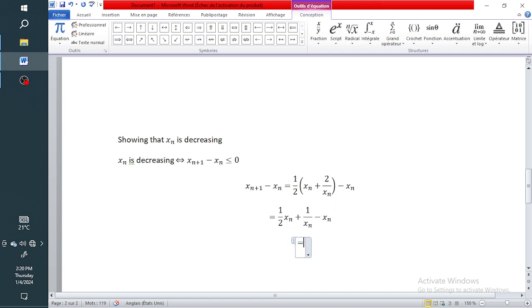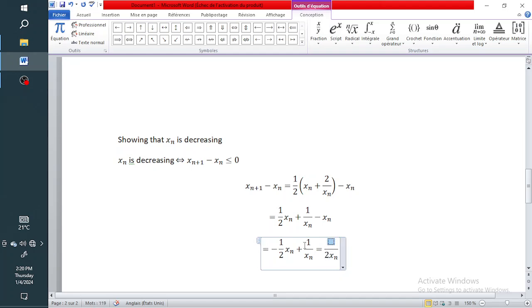I need to bring the like terms together. Half xn minus xn is simply minus half xn, then plus 1 divided by xn. So the LCM is just 2 times x of n.